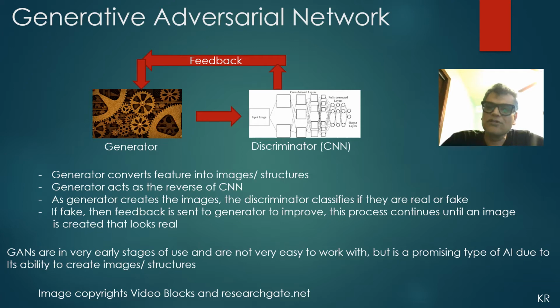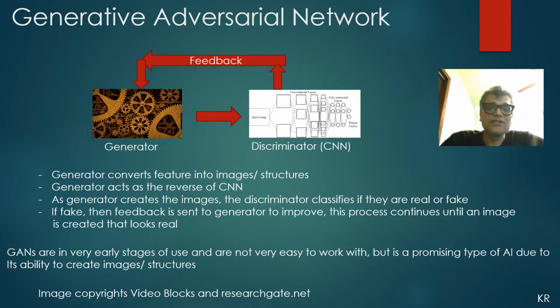At some point in time, based on all the feedback received, the counterfeiter may be able to come up with a painting that looks exactly like the original, and the discriminator is no longer able to discriminate between the fake and the original.